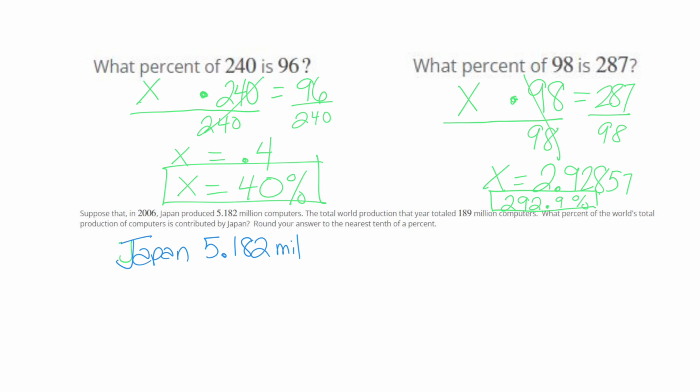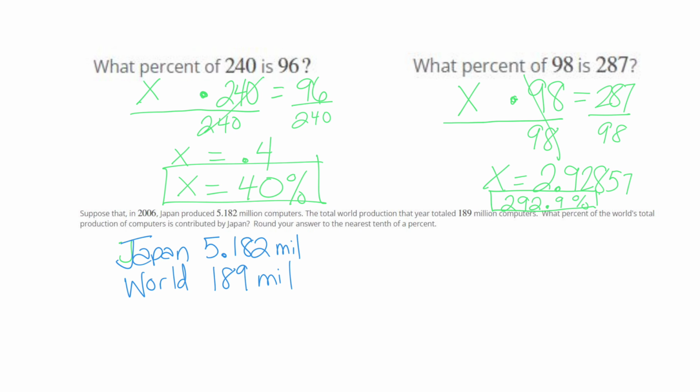The total world production actually produced 189 million. So Japan did 5.182 million, but the whole world did 189 million.